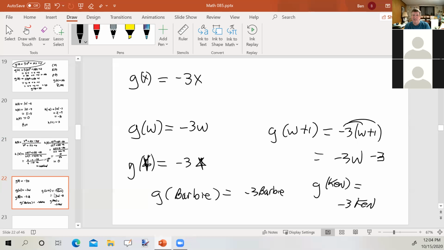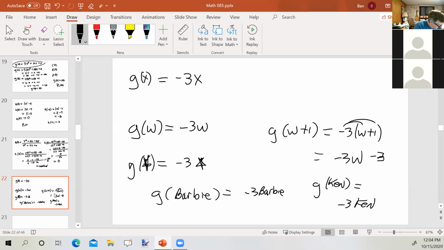Right. Again, don't overthink it. In general, you could say G of this equals -3 times this. Whatever you put into this goes in the place of this. Don't make it more than it is.